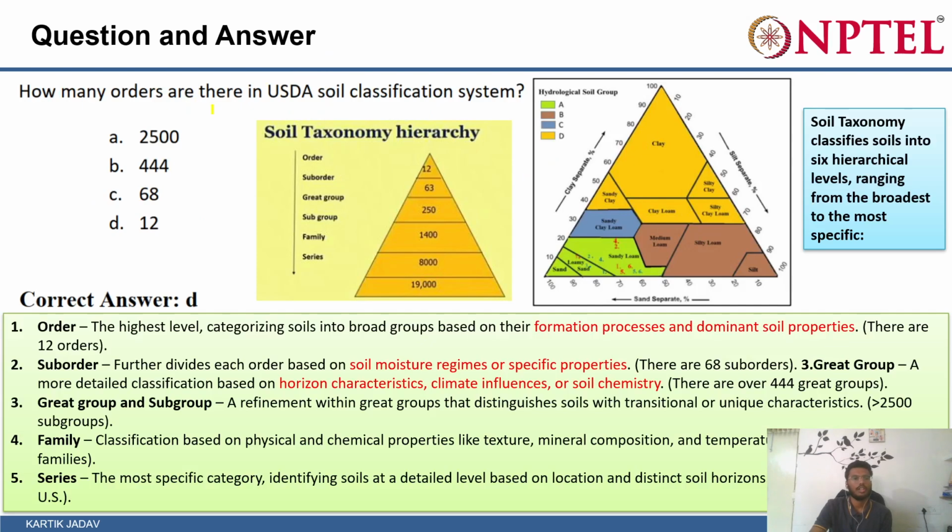How many orders are there in the USDA soil classification system? Option A 2500, B 12, C 68, or D 444. We know that there are a total of 12 soil orders.